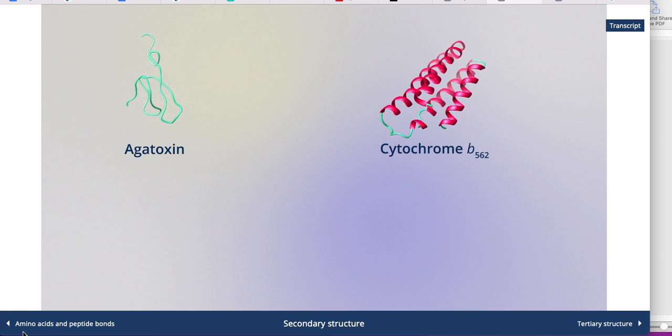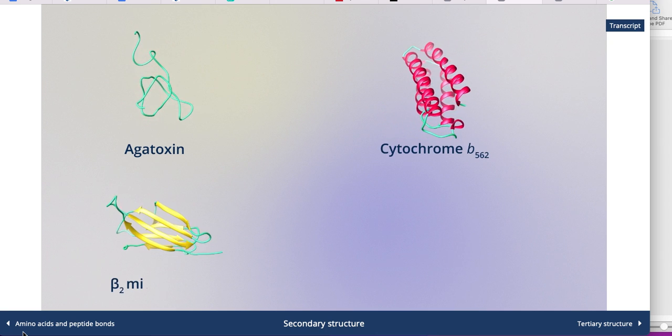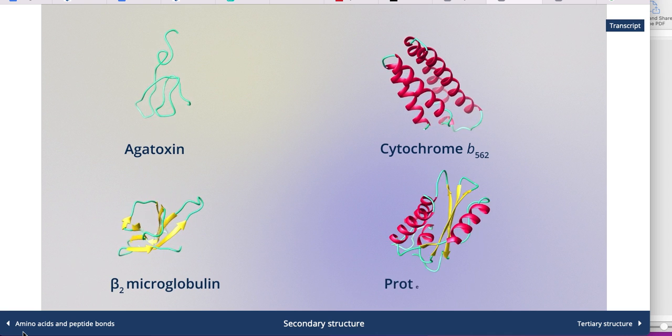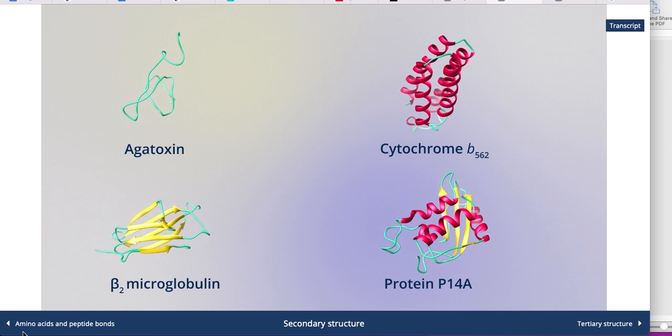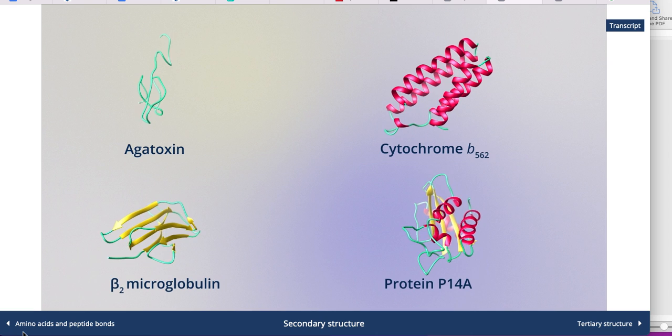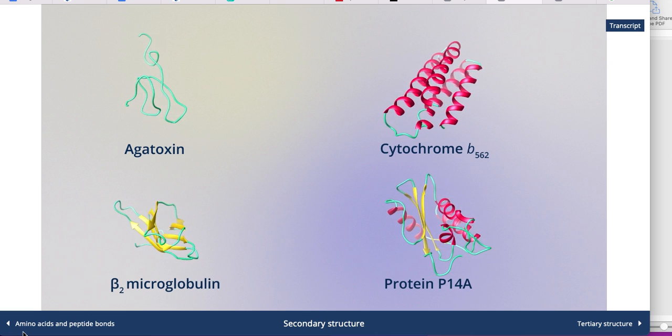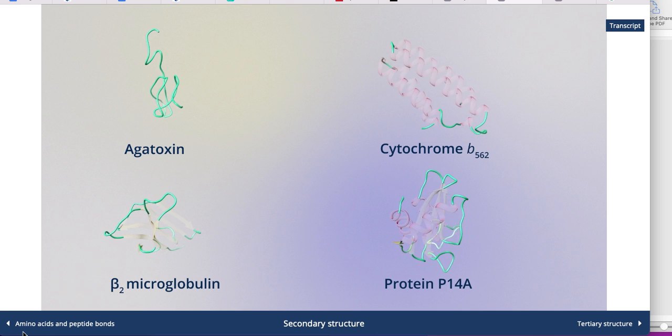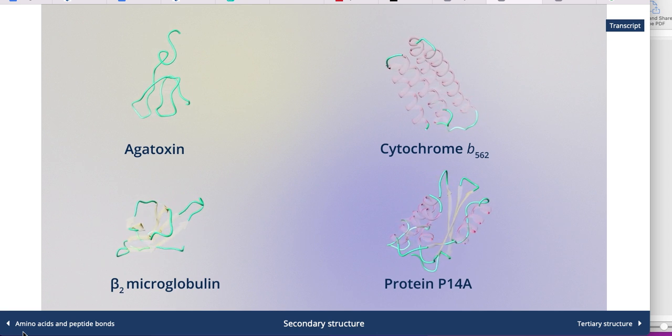Some are constructed mostly from alpha helices. Some are constructed mostly from beta sheets. Most proteins include both alpha and beta structures. Notice that where alpha helices and beta strands occur, these elements of secondary structure are connected by segments of irregular secondary structure.